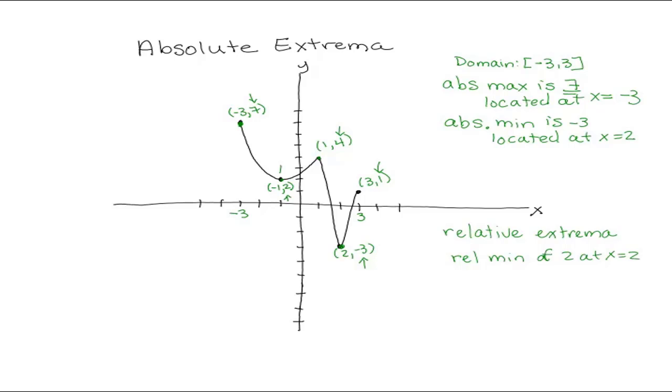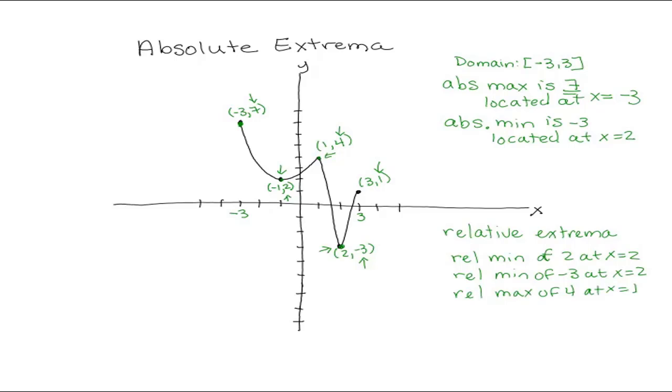That's this point right here. We also have another relative min over here of negative 3 at x equaling 2. And we also have a relative max of 4 over here, located at x equaling 1.